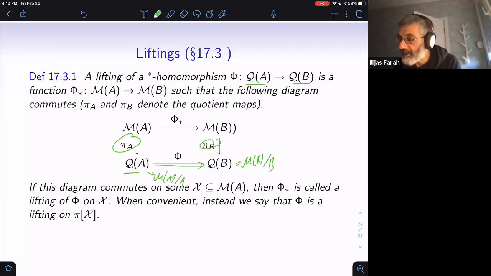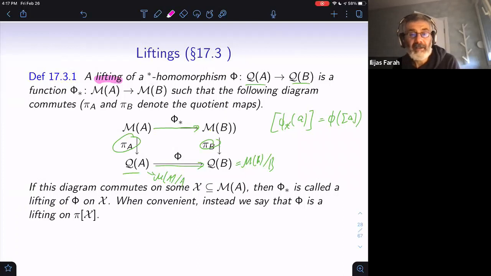Now, axiom of choice tells you that you can define a map phi star, which is a selection, which has the property that phi star of A has the property that its equivalence class is phi of the equivalence class of A. This is what I call a lifting of a star homomorphism.